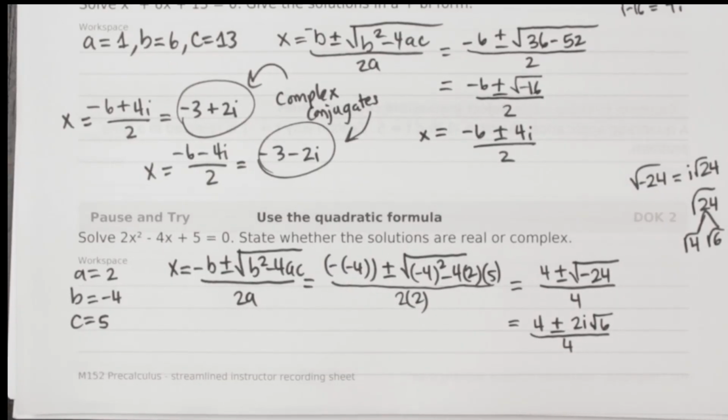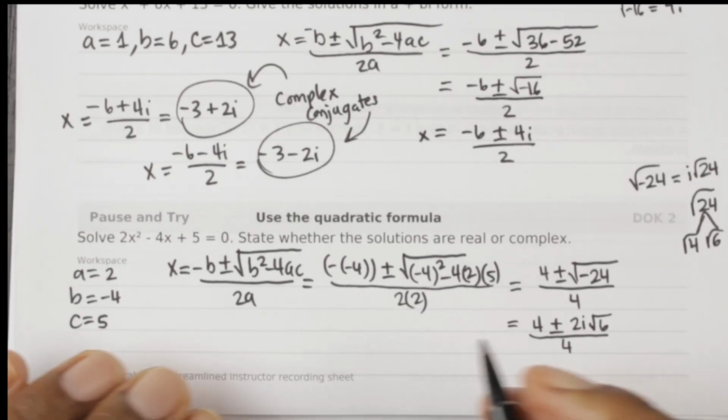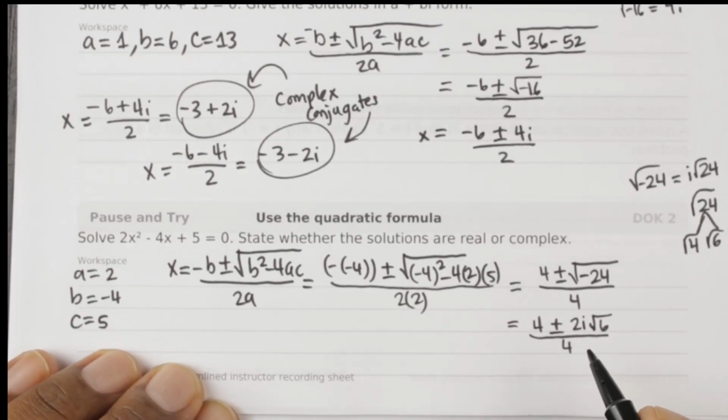Now let's reduce the term. We can simplify this, because the 4 over 4 simplifies to 1.